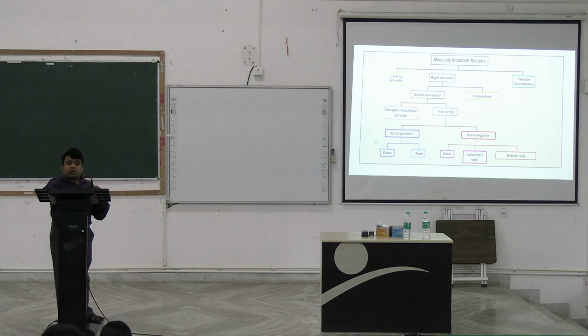Because the cell wall is one of the particular areas which is acted upon by most of the antibiotics. If the antibiotics act on the cell wall, what will happen? Some antibiotics will be more effective in case of gram positive bacteria, and some will be more effective in case of gram negative bacteria. This helps us in choosing the antibiotics when we are defining the treatment regimen with antibiotics. Okay.